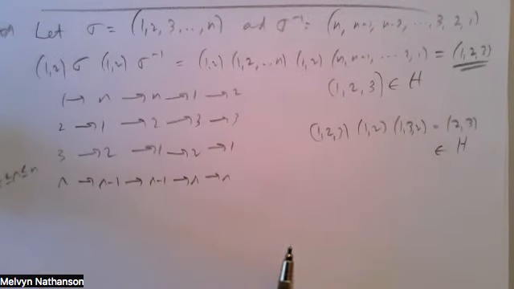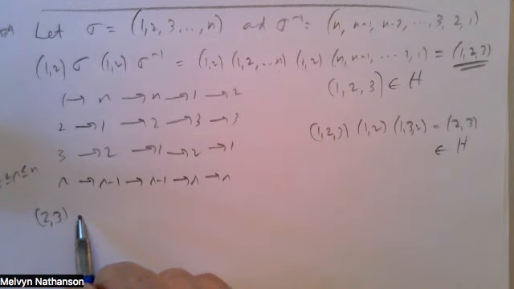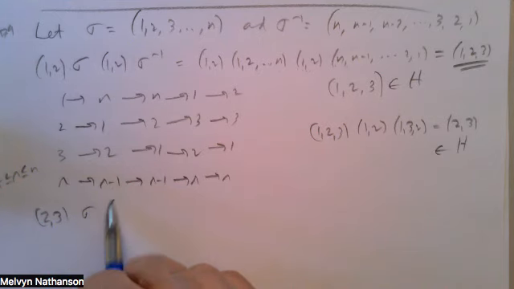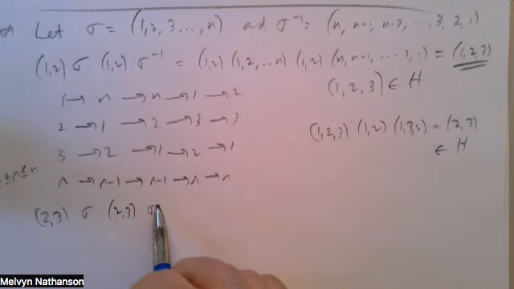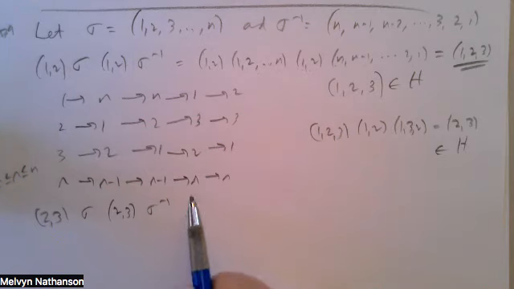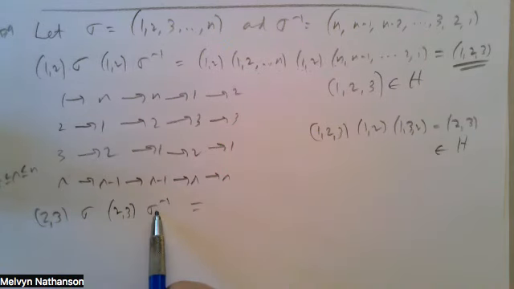So let me do the following calculation. Sigma (2 3) sigma inverse. What is that equal to? So this sends 1 to n. Sigma sends n to 1, so sigma inverse sends 1 to n.